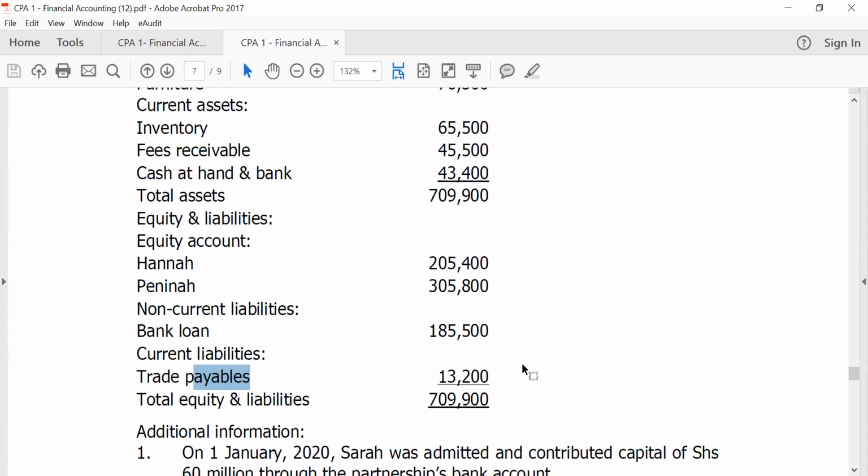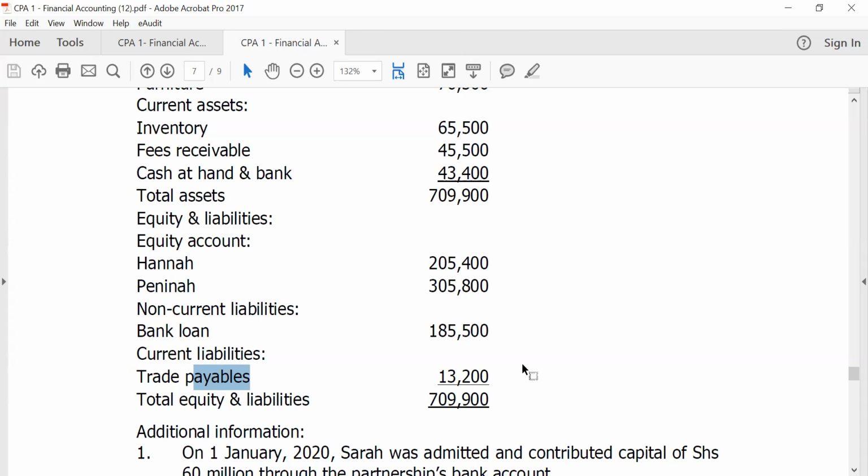Okay, partly. The situation is actually this: there was goodwill, and it was not maintained in the books of accounts. But I think they made an error and recorded goodwill as capital contribution for the new partner.